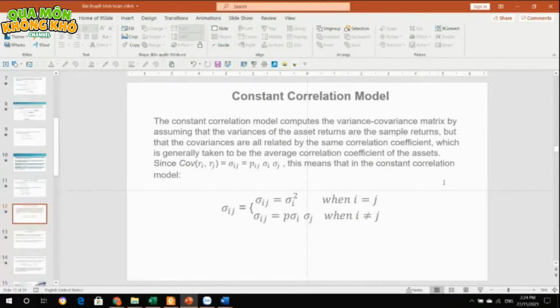The constant correlation model computes the variance covariance matrix by assuming that the variances of the asset returns are the same, but that the covariances are all related by the same correlation coefficient, which is generally taken to be the average correlation coefficient of the assets, so the covariance of Ri and Rj equals rho multiplied by sigma i and sigma j. This means that the constant correlation model is as below.